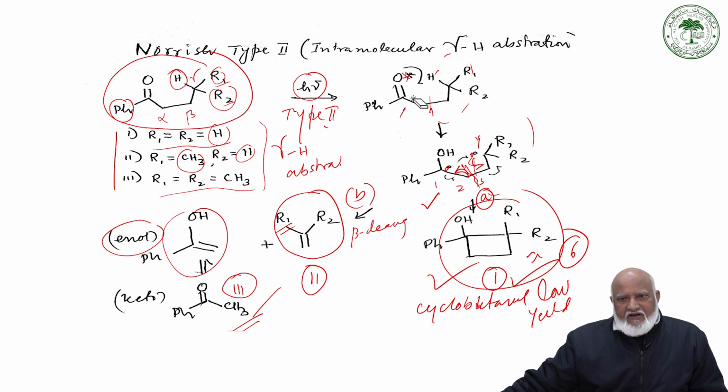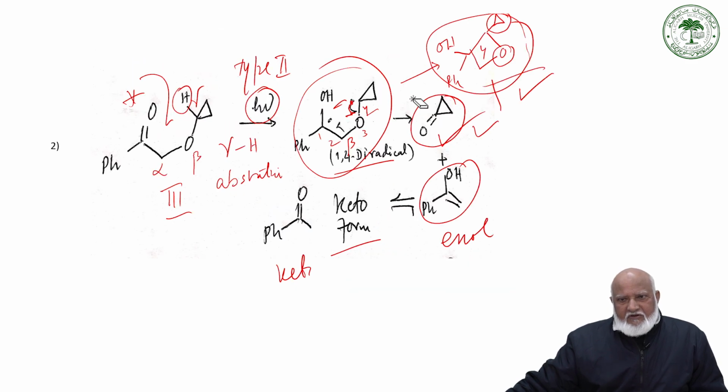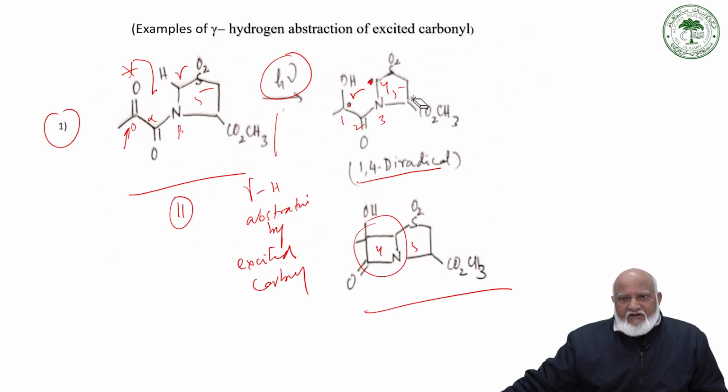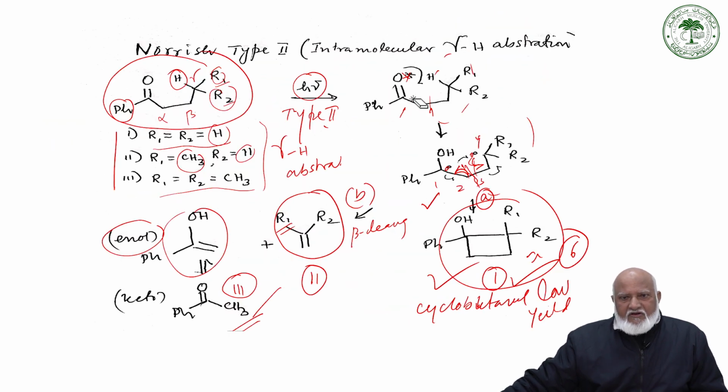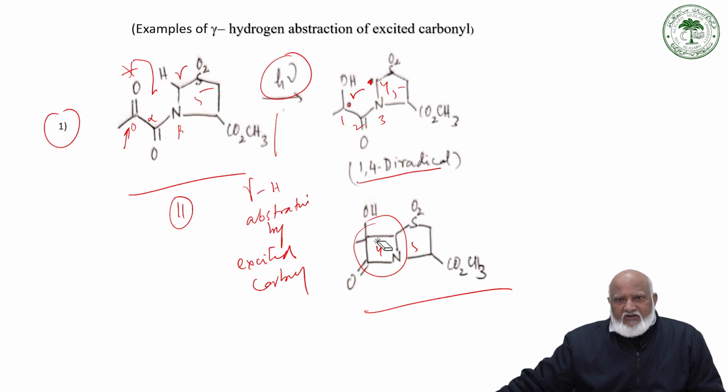As I have mentioned, in all these cases the cyclobutanol ring product is very important, because the other product is just a fragmentation product, acetophenone, and the formation of the cyclobutanol product is very low, only 6%.